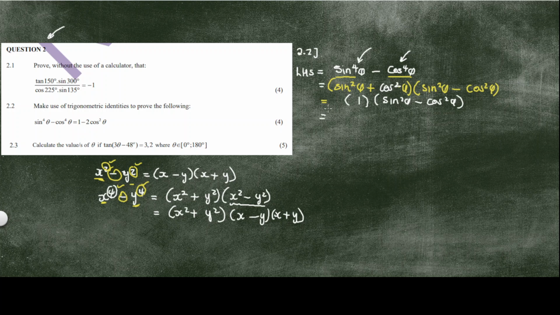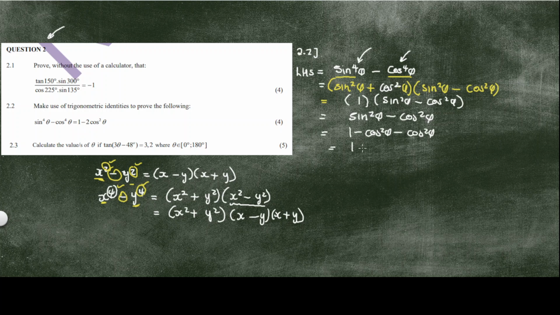I think we should change. We're going to multiply the one with both, the one by sine squared, and then from there we're going to take the identity. We can change the sine squared into one minus cos squared theta, minus cos squared theta.